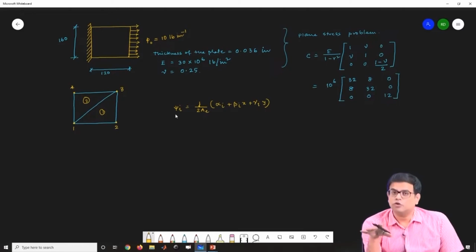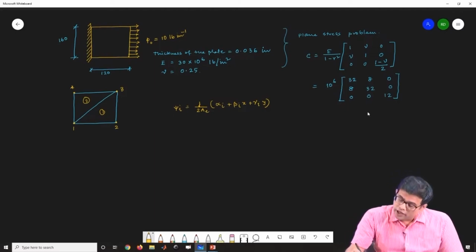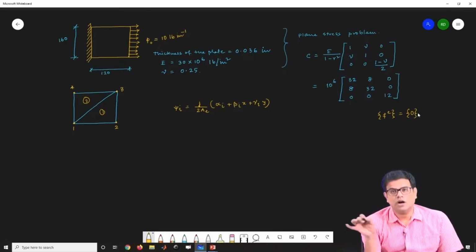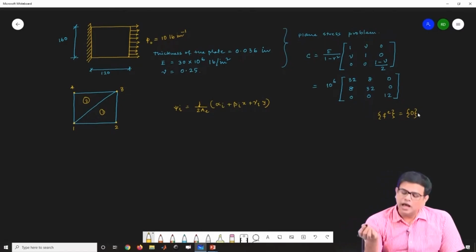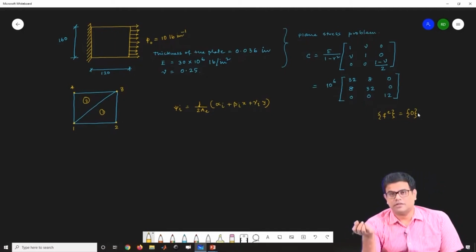There is no body force in this body, so it is assumed that the body force term will be essentially 0. What other terms do we need? We need the stiffness matrix and the elemental traction vector, the force vector.